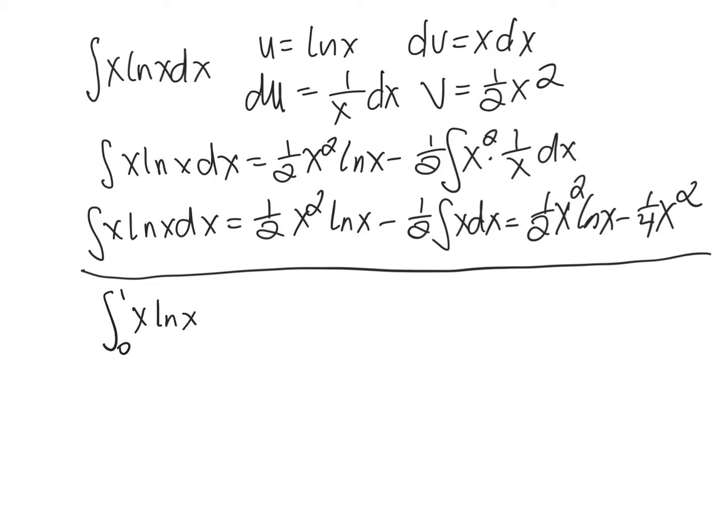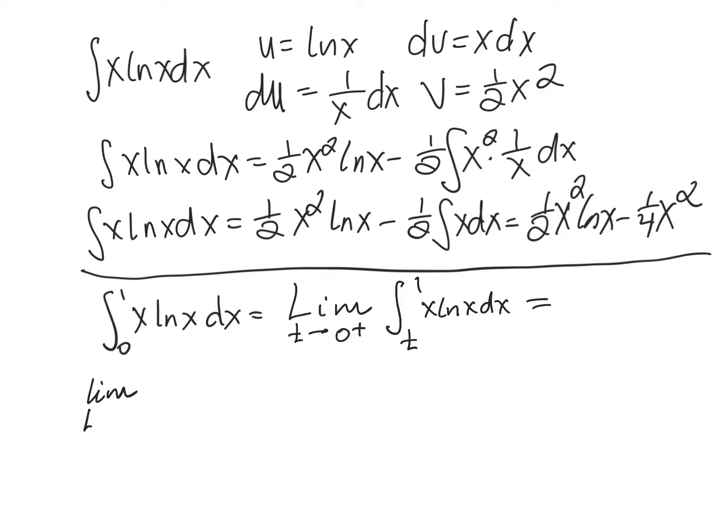The integral from 0 to 1 of x natural log of x is defined as the limit as t approaches 0 from the right of the integral from t to 1 of x ln x. Now that we know the antiderivative, this is the limit as t approaches 0 from the right of 1/2 x squared natural log of x minus 1/4 x squared evaluated from t to 1.